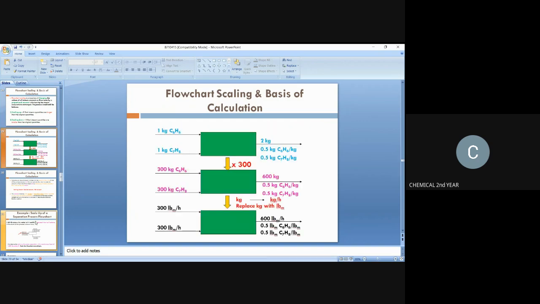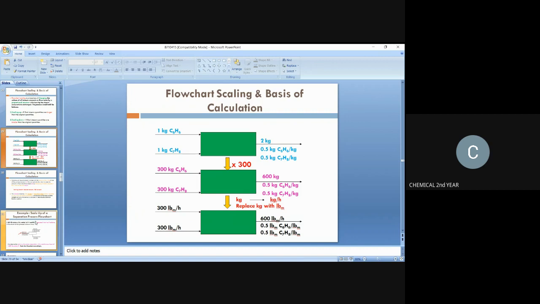Next, flowchart scaling and basis of calculation. 1 kilogram of C6H6 and 1 kilogram of C7H8 gives 2 kg, so the stream is 0.5 kg C6H6 per kg and 0.5 kg C7H8 per kg.